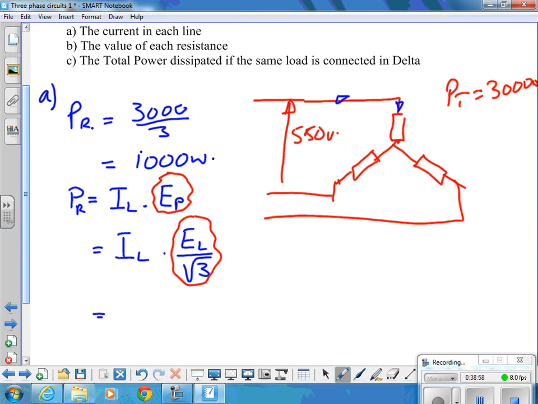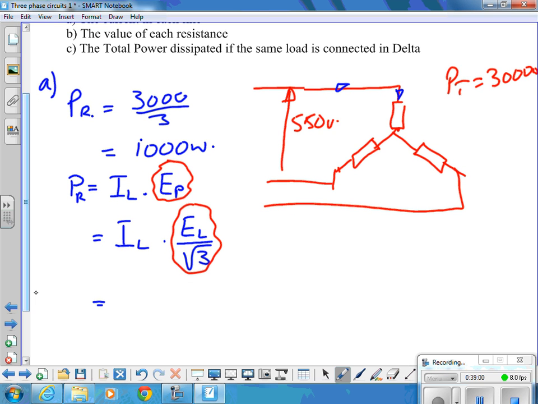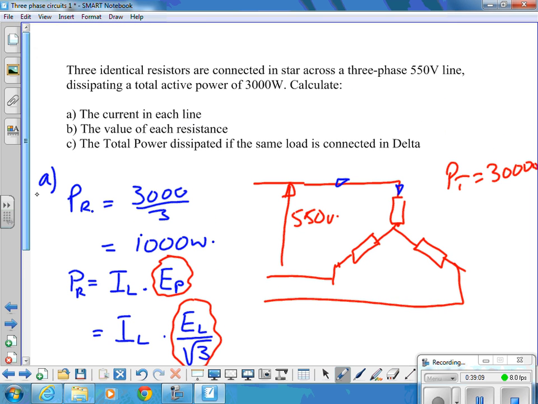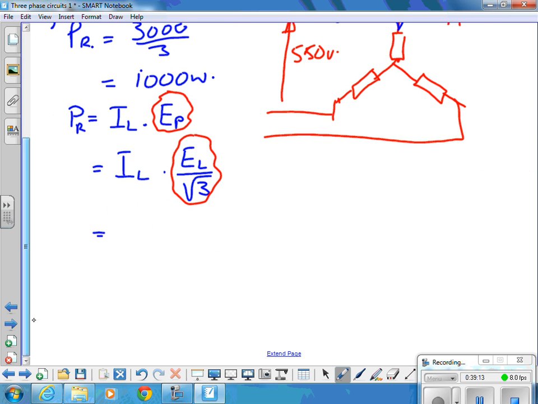We want the line current, so we've got to rearrange. IL is equal to the power in each phase over EL over root 3.